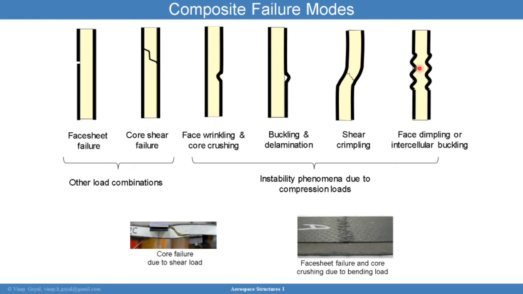And that happens with large cell sizes, so low density core can be an issue. And here's an example of core shear failure during a test. And then I have the face sheet failure mode and core crushing due to bending load. On that face sheet here, you can see quite a significant amount of damage.